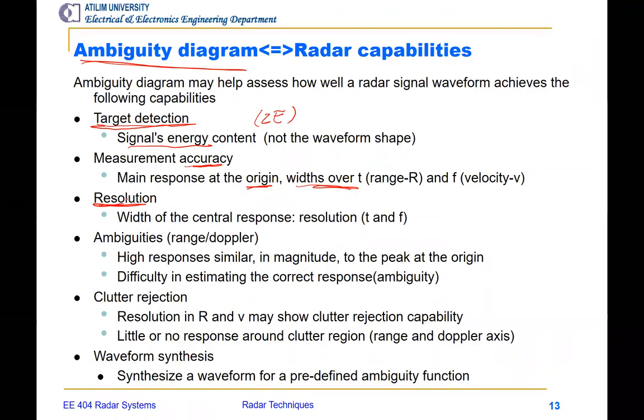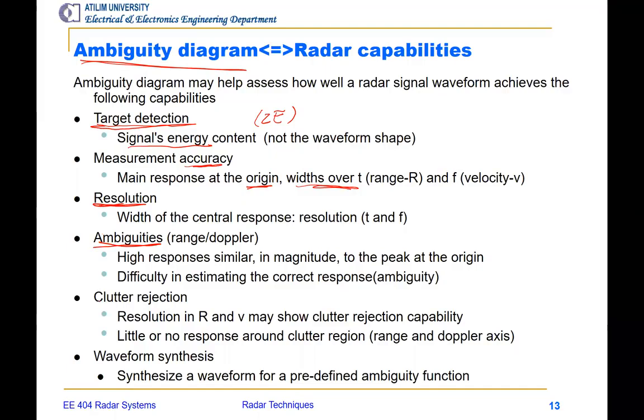But we take the main response at the center to have an idea about the resolution. Narrower the central response, higher resolution in range and speed. It's about ambiguities as usual. High responses in magnitude to the peak at the origin means more ambiguity, and we do not determine the range and speed, consequently, of the target.